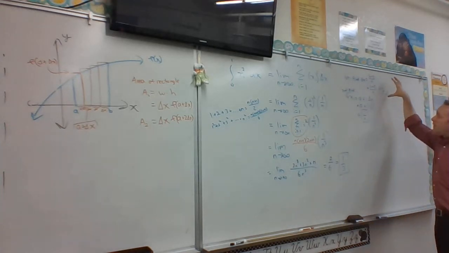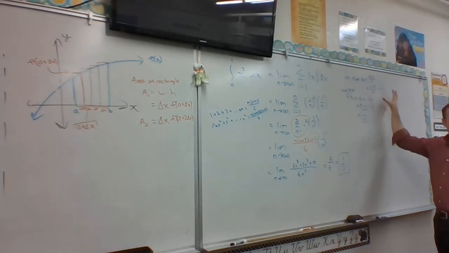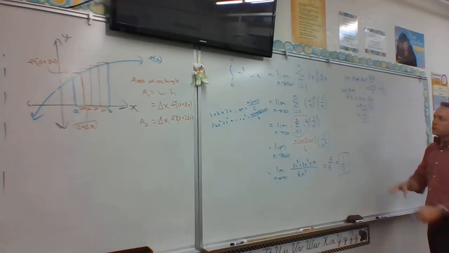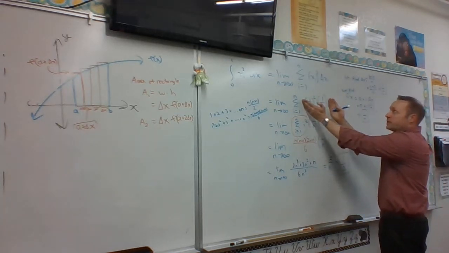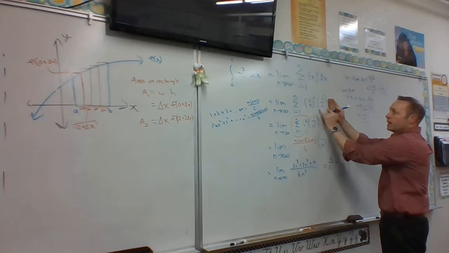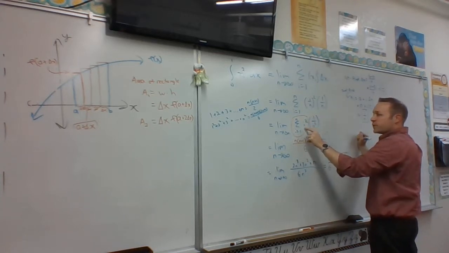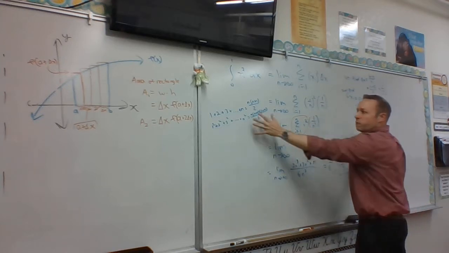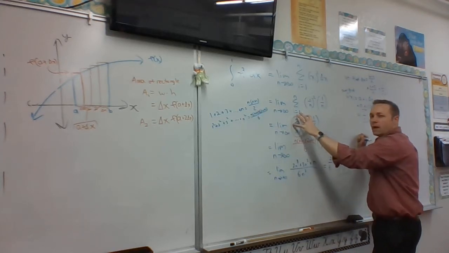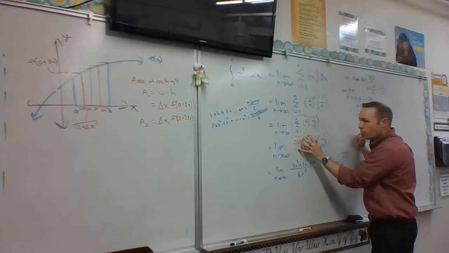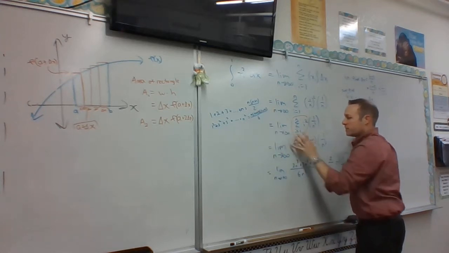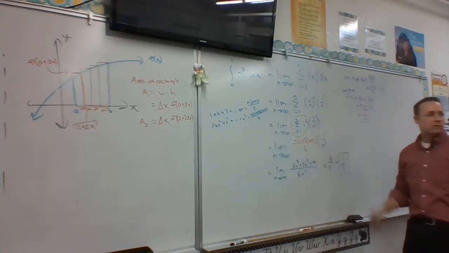We found the width and the height in terms of our situation, we plugged in the height and width, and then we used the formula for the sum of i squared to replace the sum of i squared with what it equals, and we solve the limit.